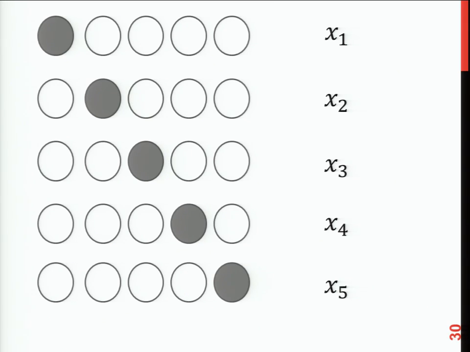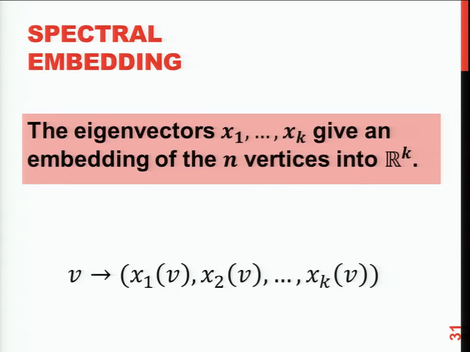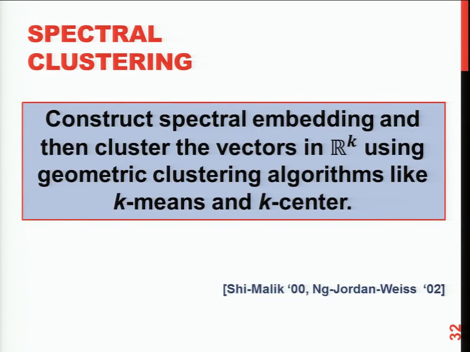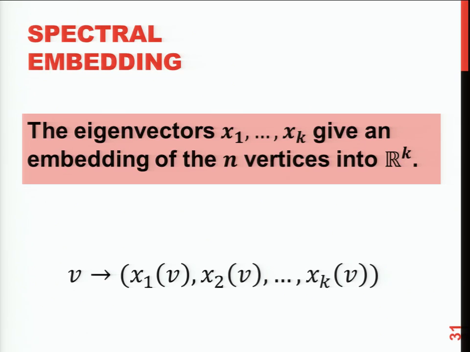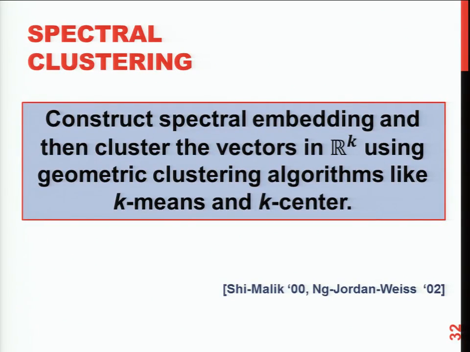Any vertex in the second group would be embedded into (0, 1 by root n, 0, 0, 0), and so on. So each vertex is mapped to a particular 5-dimensional vector, which holds the values of each of the 5 eigenvectors on that vertex. Now you view the graph as points in 5-dimensional space, and you find a clustering in that space.